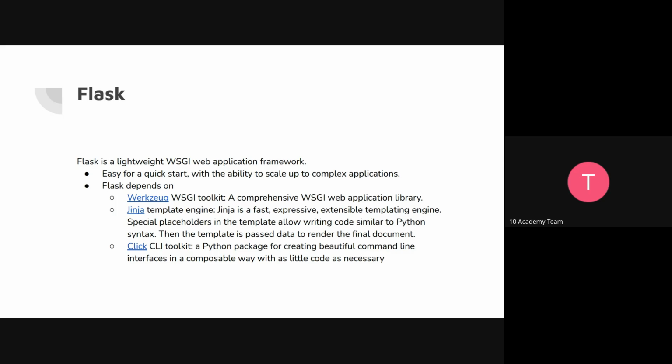Compared to FastAPI, you're going to see a point-by-point comparison in a bit, or in a few specific features. Flask depends on the WSGI toolkit, Werkzeug, I think it's called. There is a templating engine, Jinja, and Click for the CLI toolkit. So this is what it depends on.